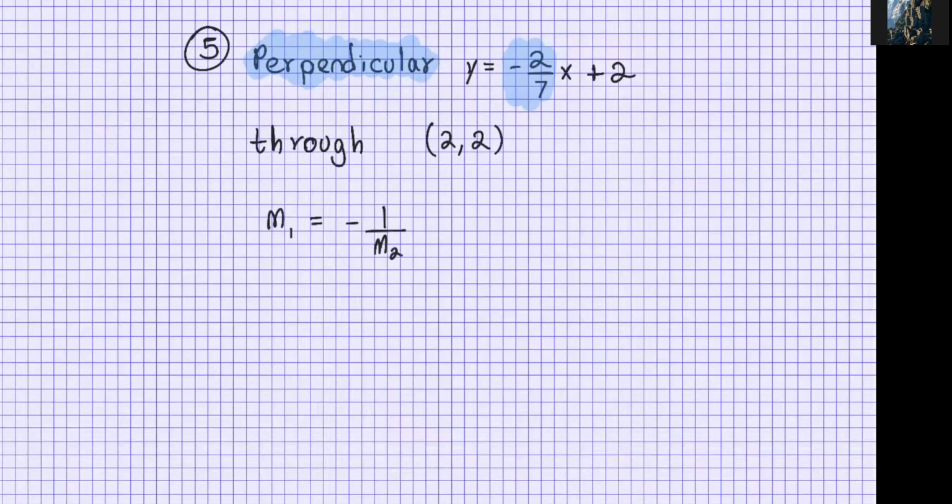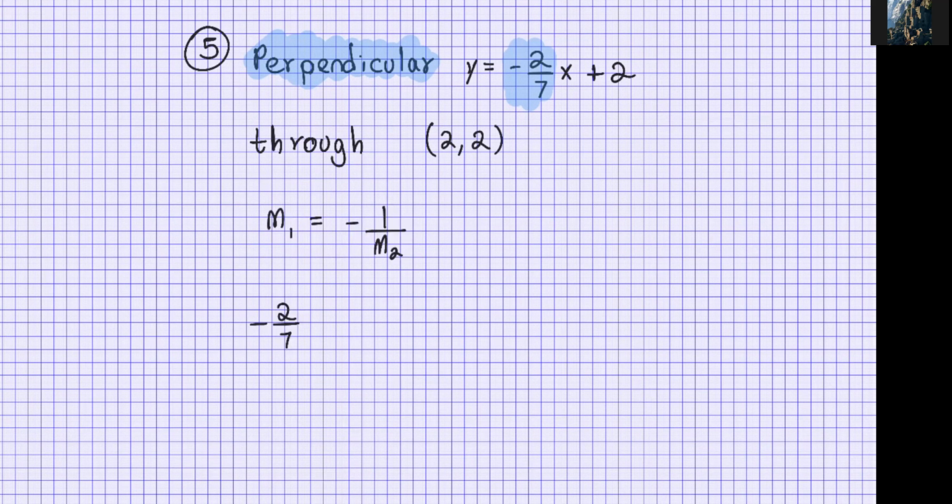So we always will need to find the opposite of the reciprocal of the original slope. In this case, our original slope is negative 2/7.